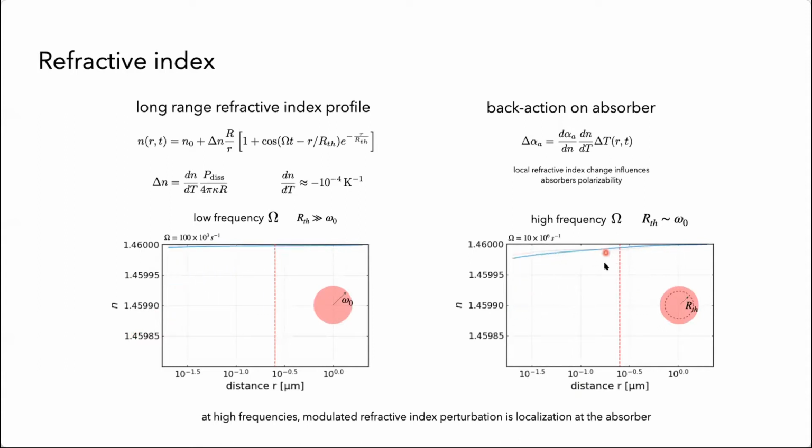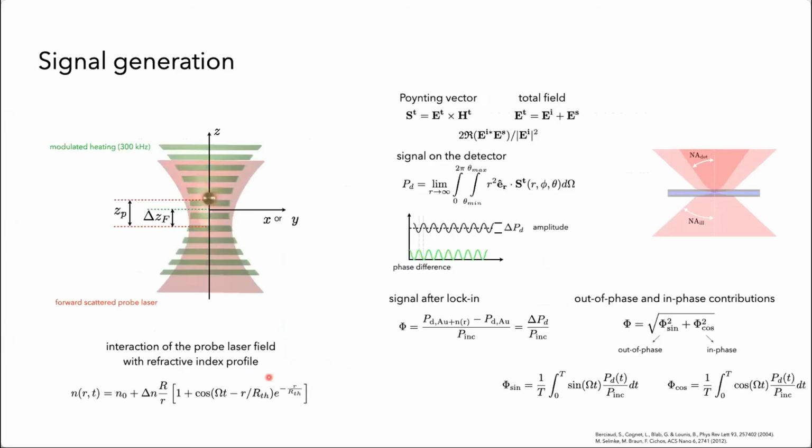But in this case, you slightly see that the unscreened solution is probably not good anymore for your description of the signal, and both curves deviate from each other. You also see that at the tail, there's hardly any modulation. Again, this line is a typical probe beam size of, let's say, 250 nanometer radius, or beam waist. So this is the refractive index change you create, and that is the signal you actually detect together with the modulated polarizability of that absorber.